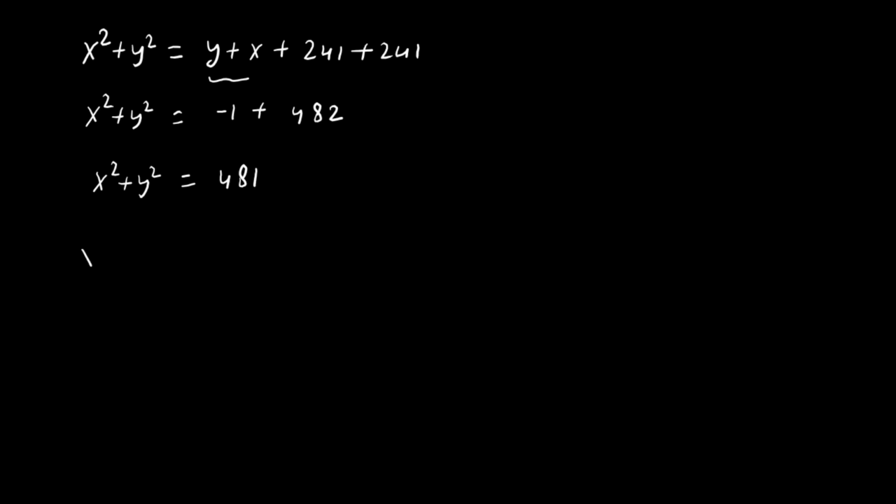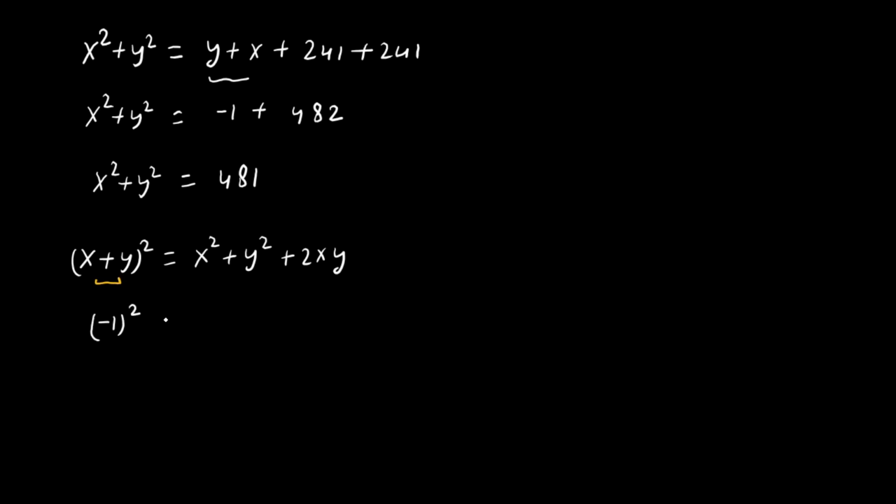Here we know the algebraic identity (x plus y)² = x² plus y² plus 2xy, and we know that x plus y is negative 1. So replacing, (negative 1)² = 481 plus 2xy.